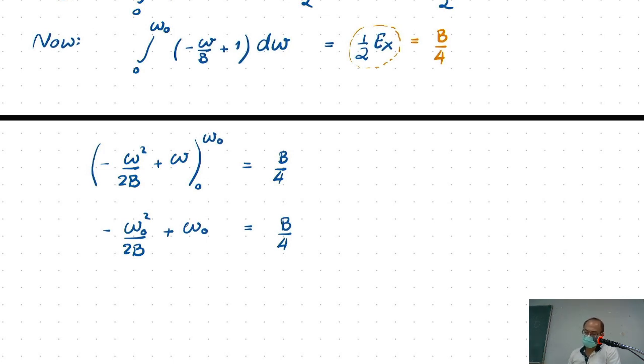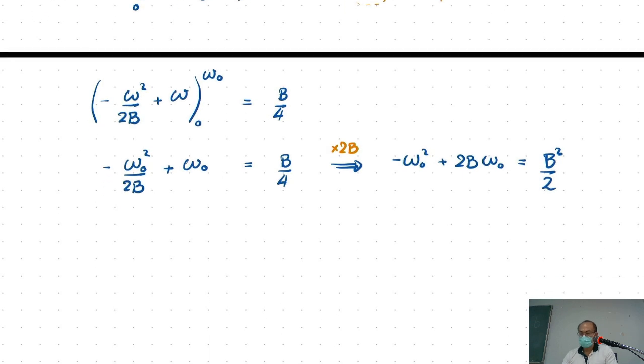We can multiply through by 2b. Multiply by 2b, and we're going to get minus omega 0 squared plus 2b omega 0 equal to b squared over 2. Then we have omega 0 squared minus 2b omega 0, and then plus b squared over 2 equal to 0.